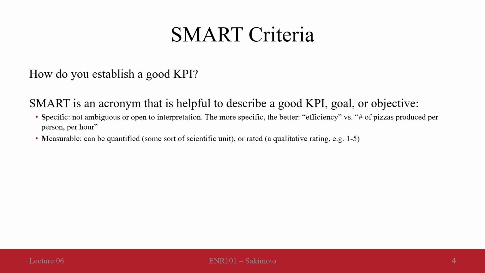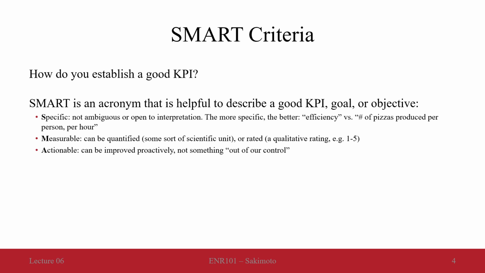We can measure things using very standard scientific units, but of course we can also try to turn something qualitative, like a perception or an opinion of something, into a semi-quantitative rating, something like a score of 1 through 5, quite commonly seen.